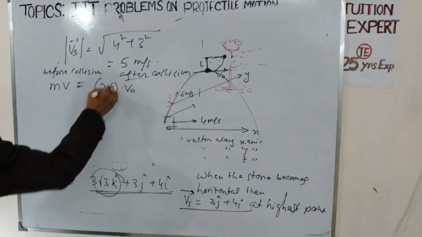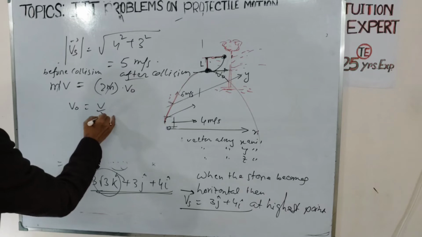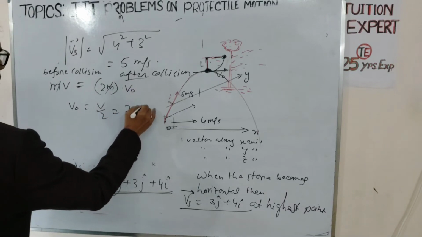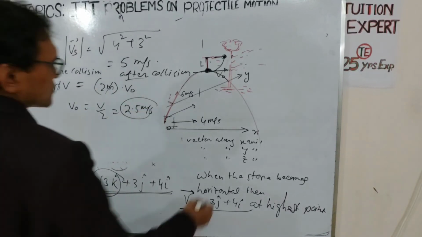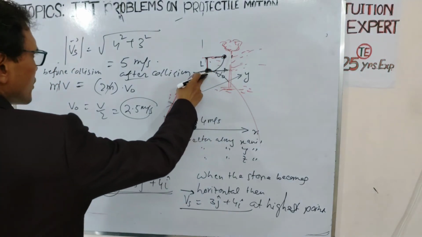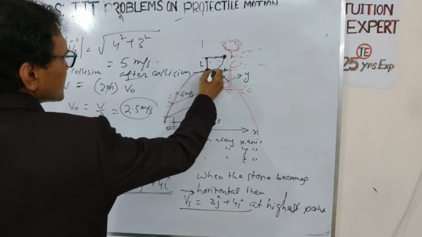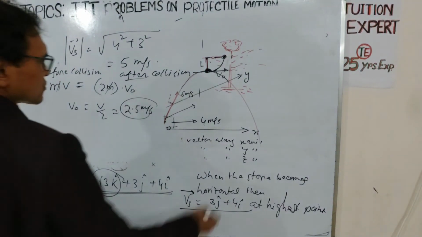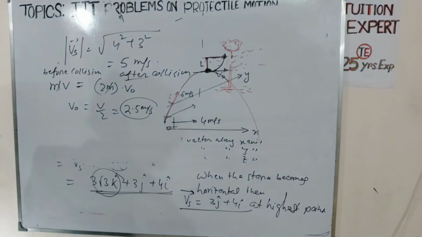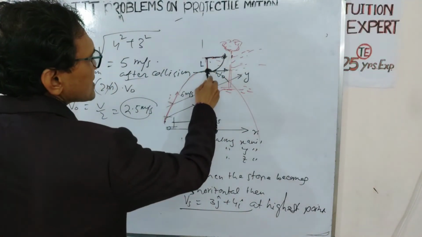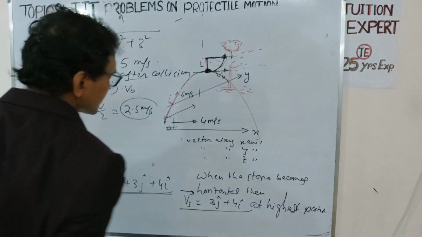So we get v0 equal to v by 2, that is 2.5 meter per second. With this velocity the two bodies move and complete a quarter circle, so that it becomes horizontal. This is the horizontal position.